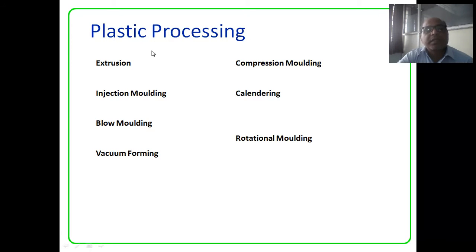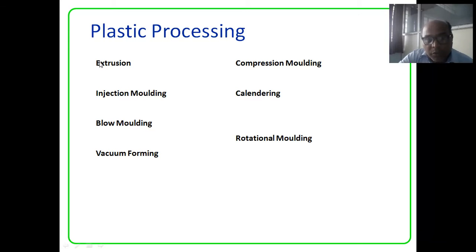Plastic processing methods, as I said: extrusion, compression molding, injection molding, calendering, blow molding, rotational molding, vacuum forming. These are the important plastic processing methods in this unit.